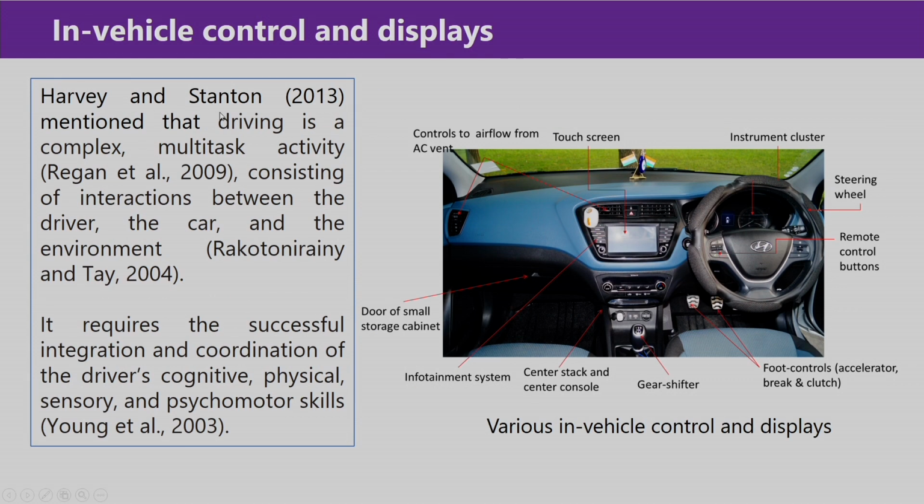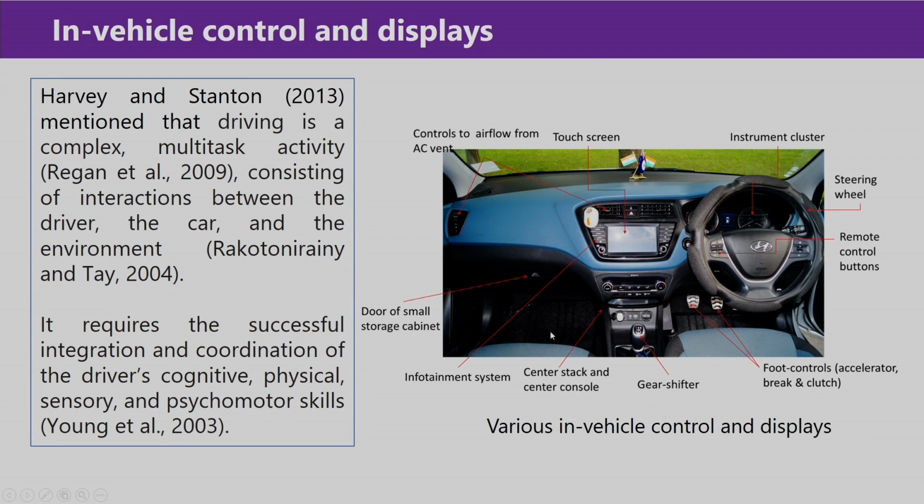Harvey and Stanton 2013 mentioned that driving is a complex multitask activity consisting of interaction between the driver, the car and the environment. It requires the successful integration and coordination of the driver's cognitive, physical, sensory and psychomotor skills.